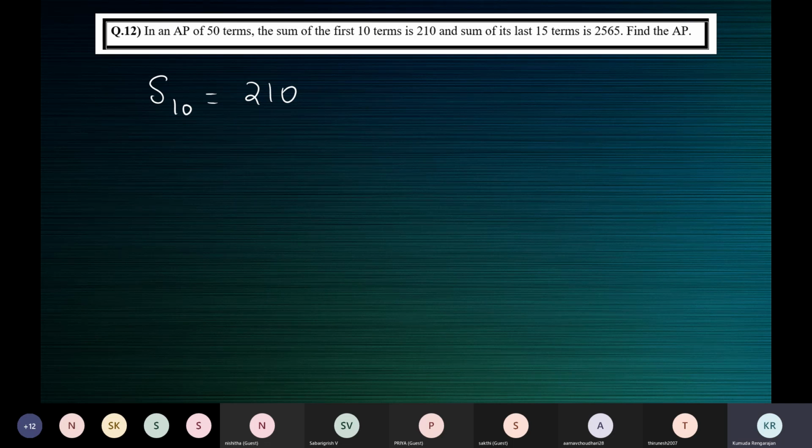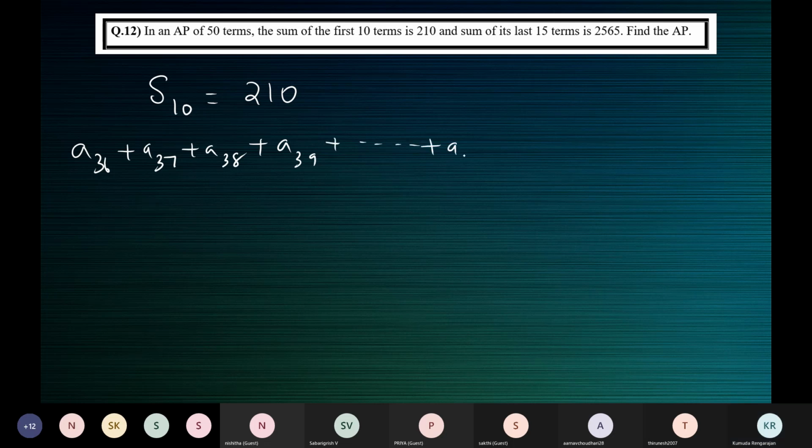Which are the last 15 terms? The last 15 terms will be A36, A37, A38, A39, A40, till A50, equal to 2565.